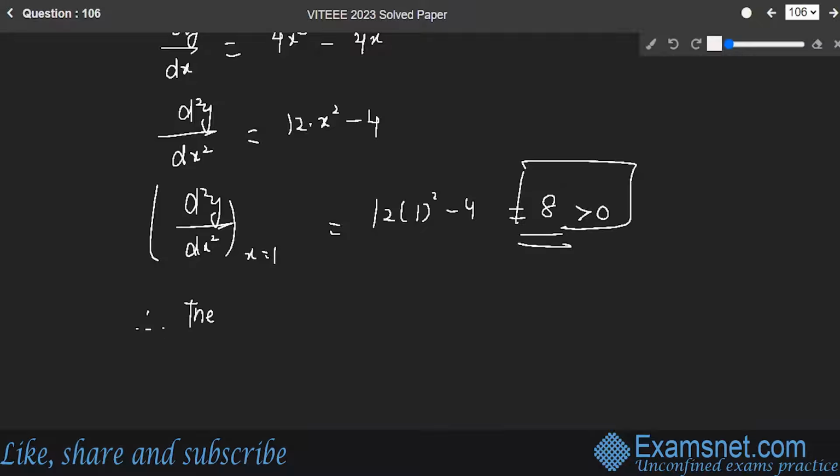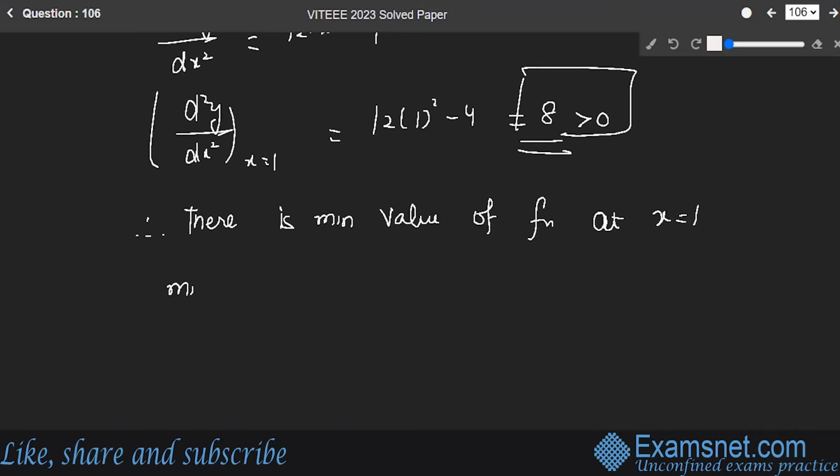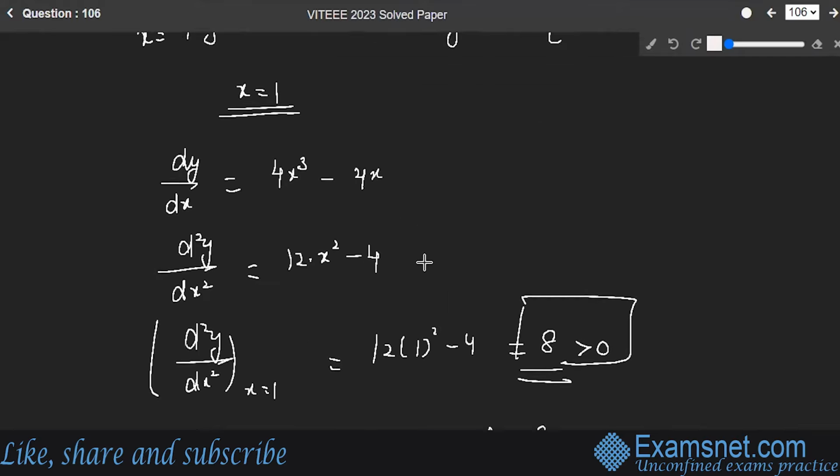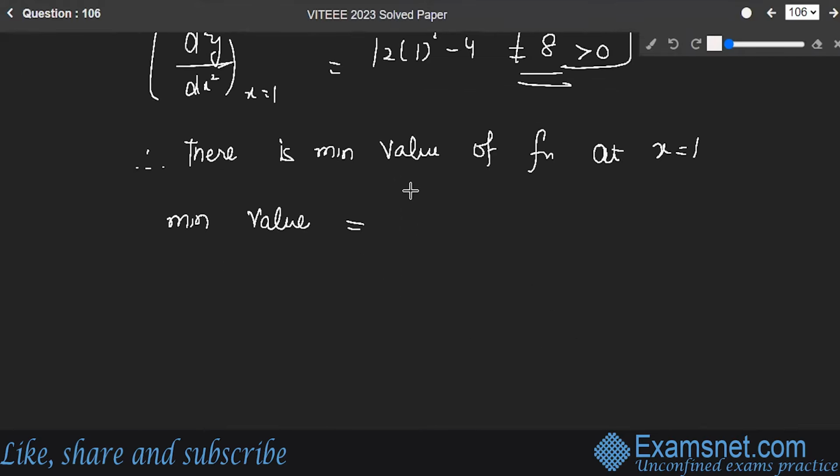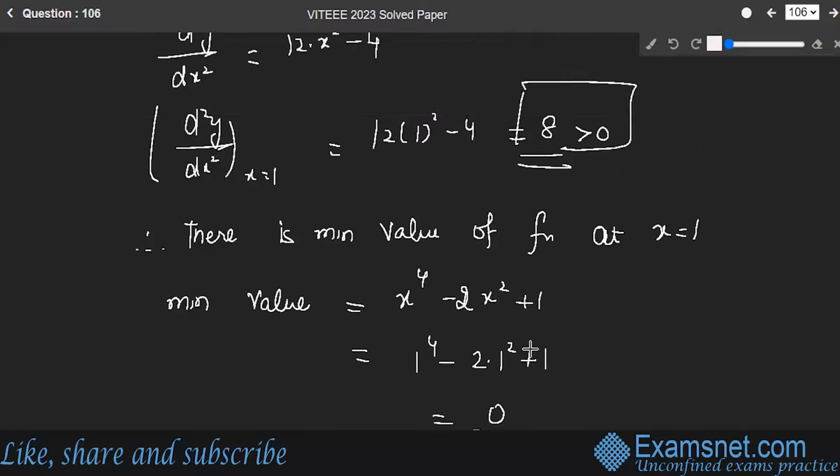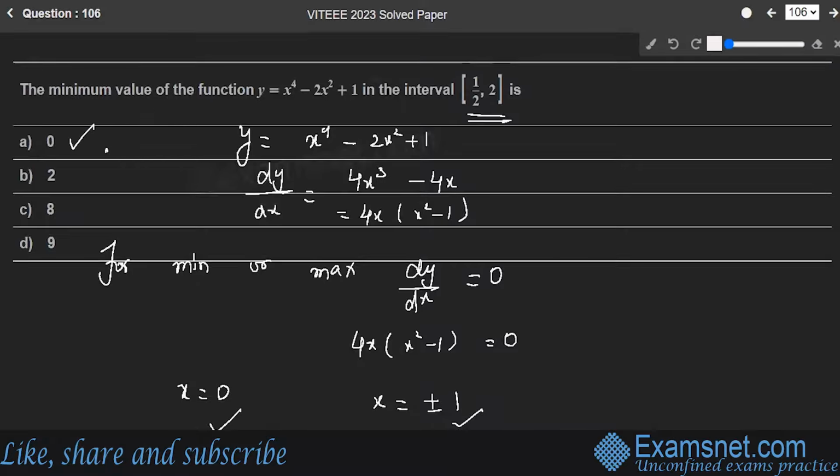Therefore, the minimum value is given by the function x raised to power 4 minus 2x square plus 1. So this is 1 minus 2 into 1 square plus 1, which is equal to 0. So this is the answer to the question, option A.